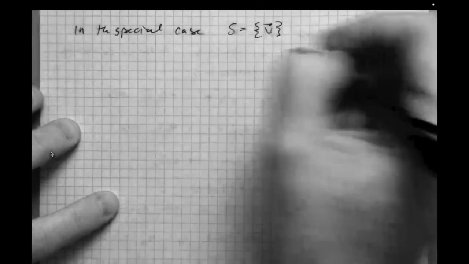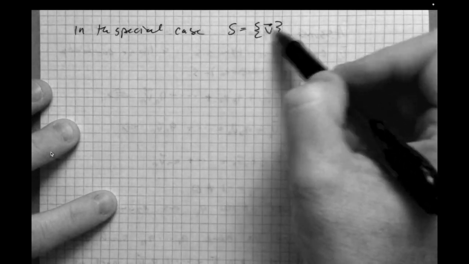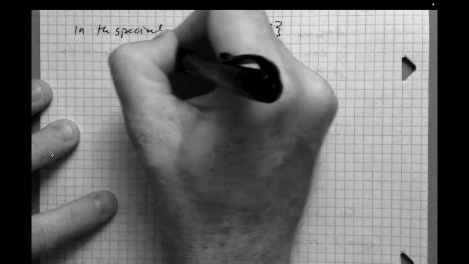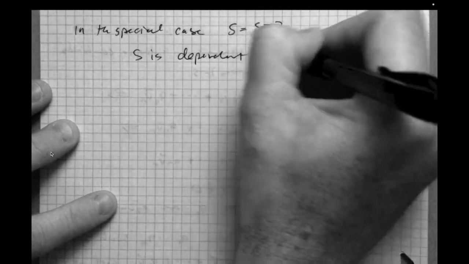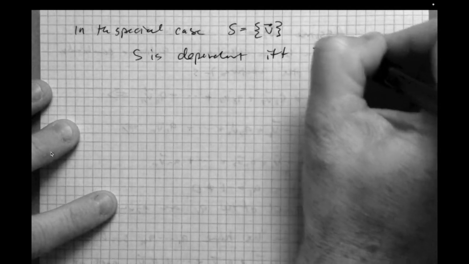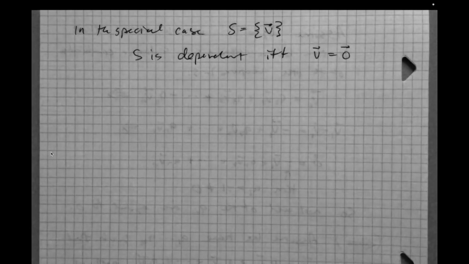Okay, so in the special case where s is equal to v, s is dependent if and only if the vector is equal to 0, right?